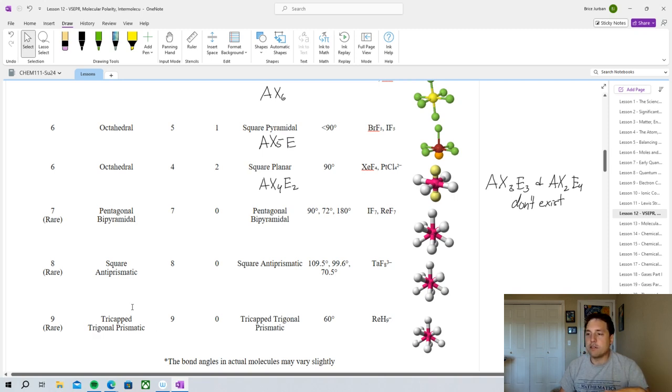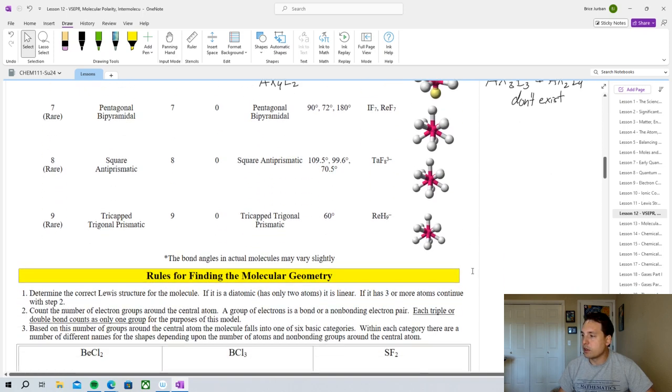And there are a variety of other minor cases as well. But these can be possible when you have very large atoms like iodine, tantalum, and rhenium. So we don't need to worry about those for this class, but if you study inorganic chemistry, you might be interested in an atom that has some interesting geometries, and I thought that'd be interesting to point out.